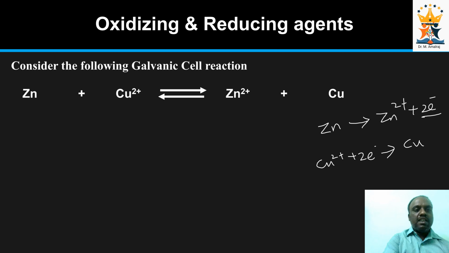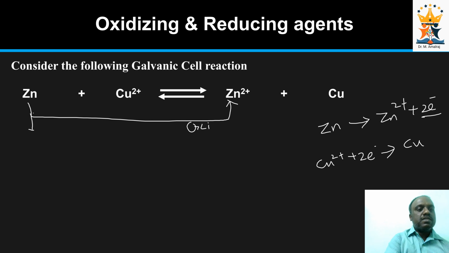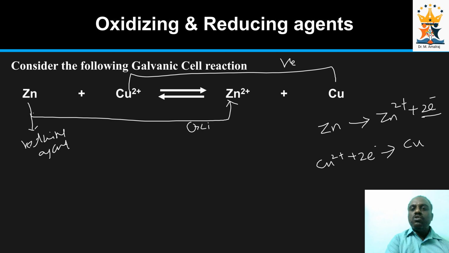As we discussed already, zinc is getting oxidized. Hence it is known as the reducing agent. On the other hand, copper 2 plus is getting reduced and hence copper 2 plus is nothing but the oxidizing agent.